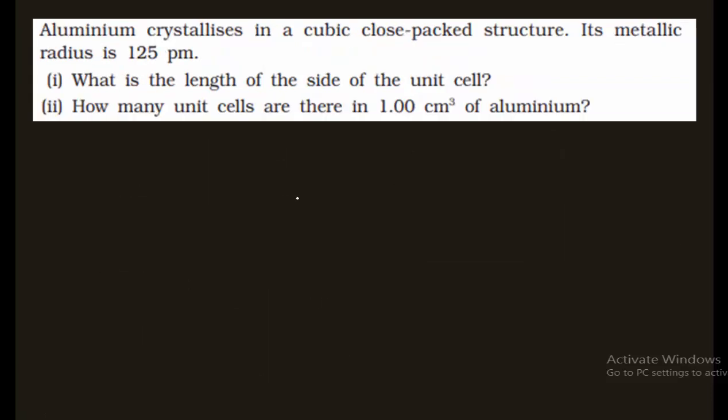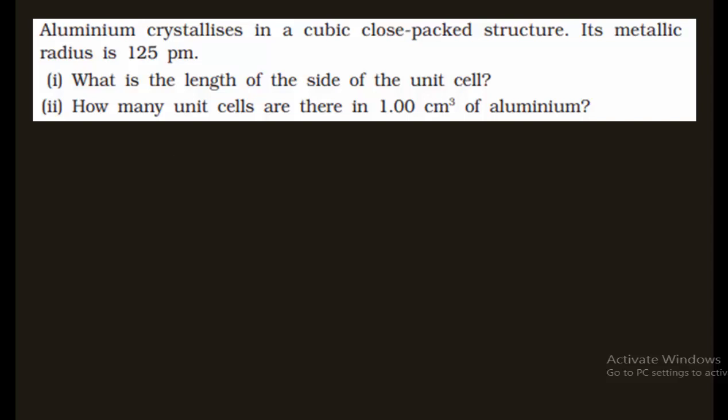Now next question. Aluminium crystallizes in a cubic close packed structure. Its metallic radius is 125 picometer. Then we have to find what is the length of the side of the unit cell and how many unit cells are there in 1 cubic centimeter of aluminium.